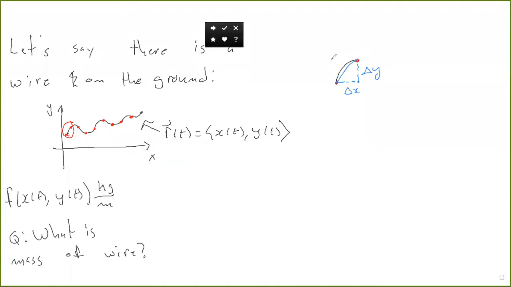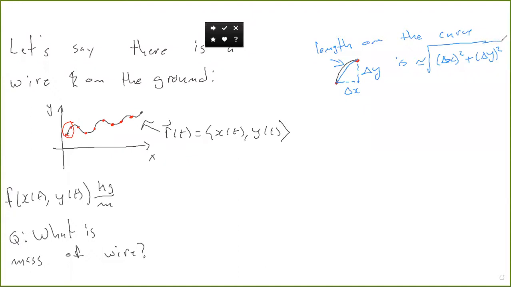Okay, and so what I'm saying is that the length of the curve is approximately equal to the square root of delta x squared plus delta y squared.